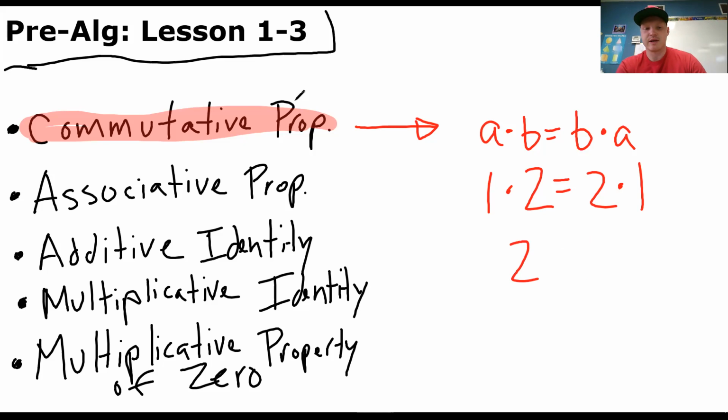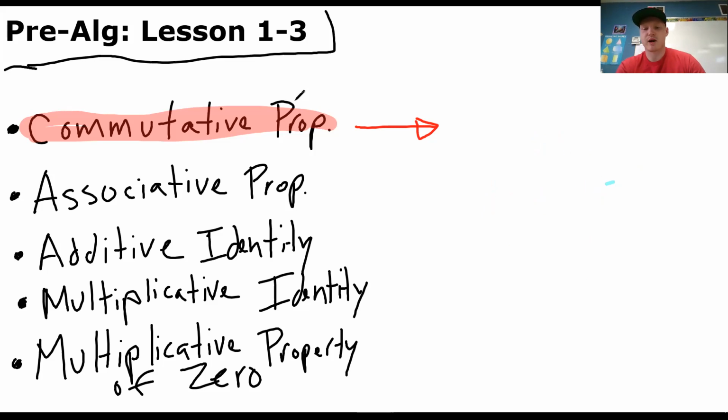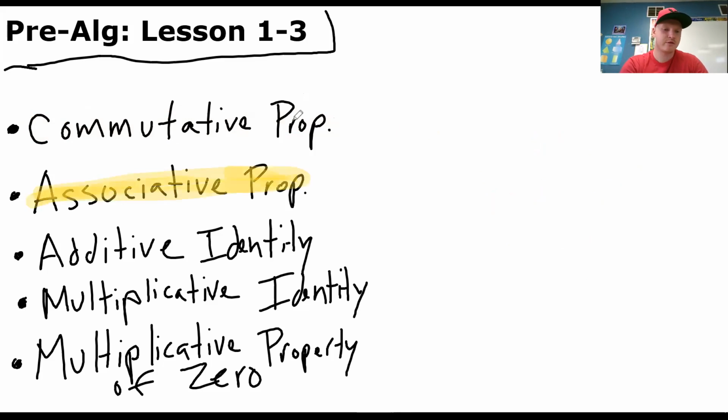Okay, so now let's move on to the associative property. For that, we're also going to have multiplication and addition. This is on page 18, if you want to follow along, under key concept, associative properties.